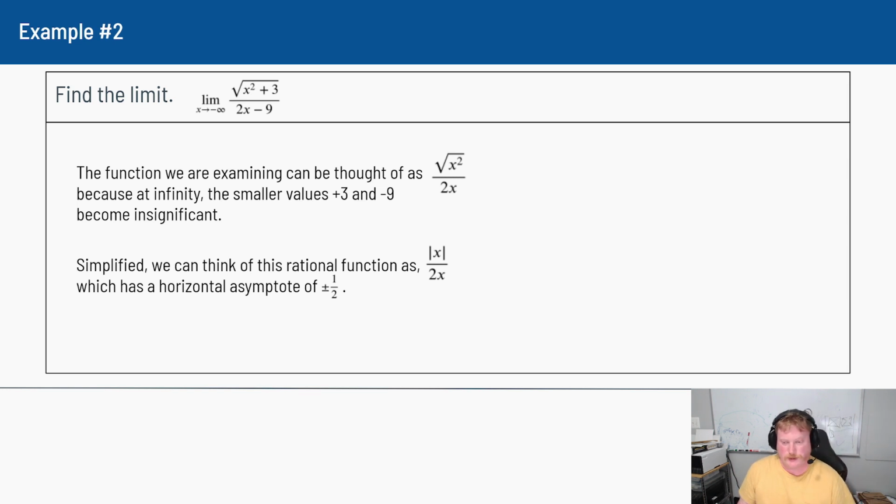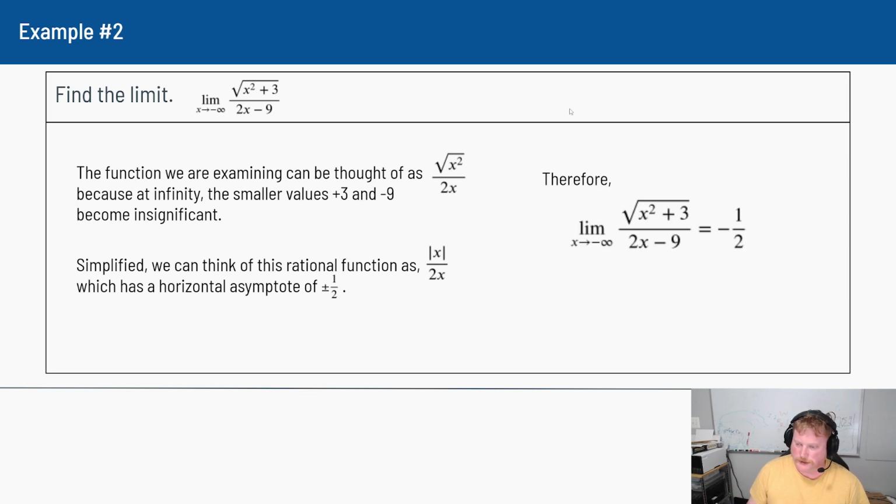And because the degrees are the same, we're looking at the ratio of coefficients. However, because the numerator is always positive due to the absolute value, and the denominator could be negative when x is less than 0, the horizontal asymptote is not just 1/2. It's 1/2 when x is greater than 0, and negative 1/2 when x is less than 0. So because x is approaching negative infinity, the limit that we are trying to find is negative 1/2.